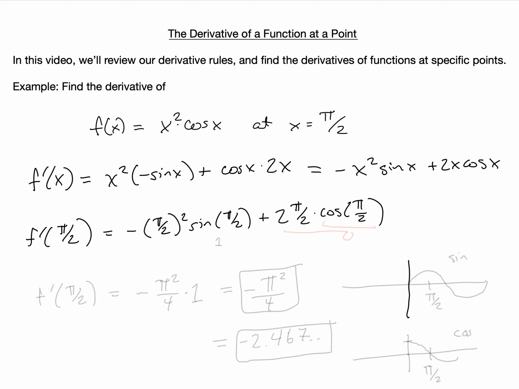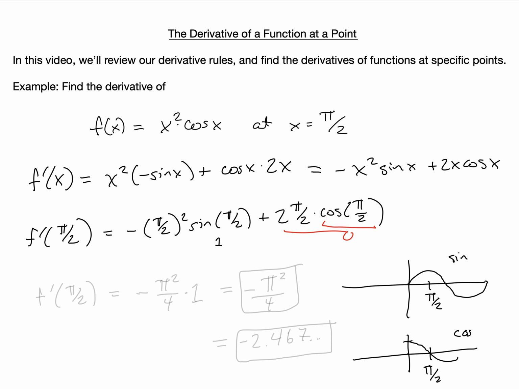As a reminder, sine starts at 0 and goes up, and sine of pi over 2 is 1, whereas cosine starts at 1 and goes down, and cosine of pi over 2 is 0. So this is cosine and this is sine. So basically we don't need to worry about this term at all because it's just 0, so all of that just goes away.